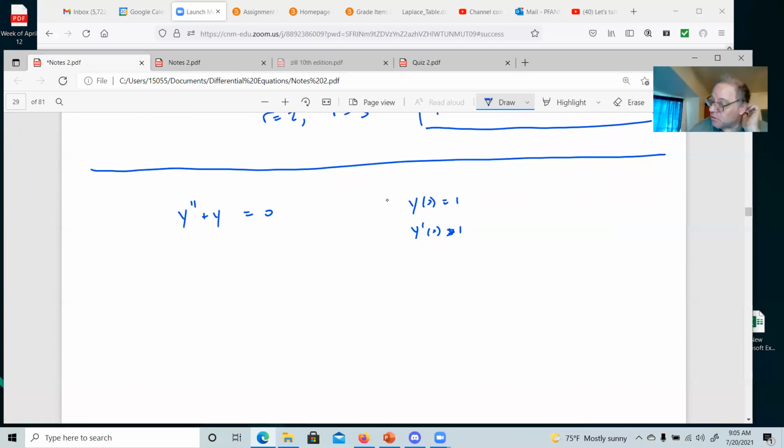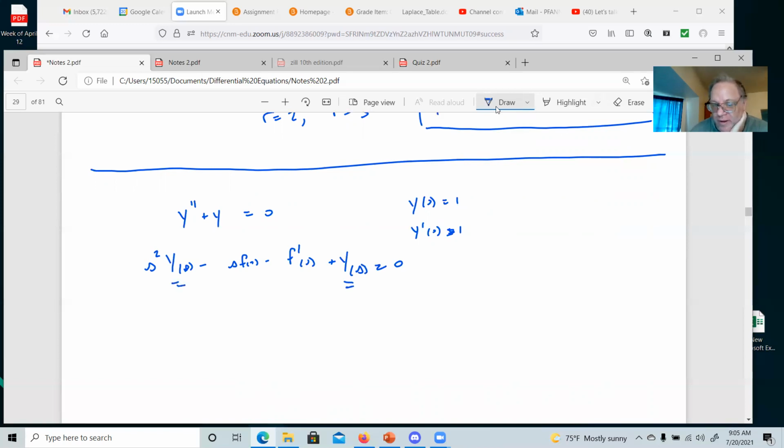And when we go through and do our Laplace transform, we're going to have s squared Y of s minus s y of 0 minus y prime of 0, plus Y of s is equal to 0.